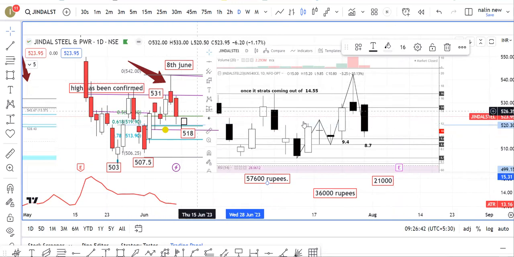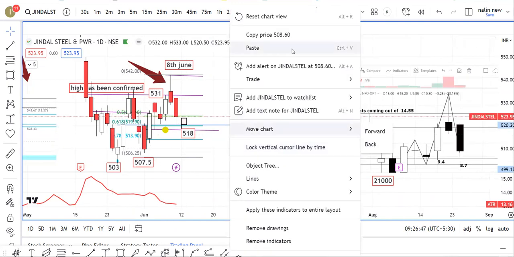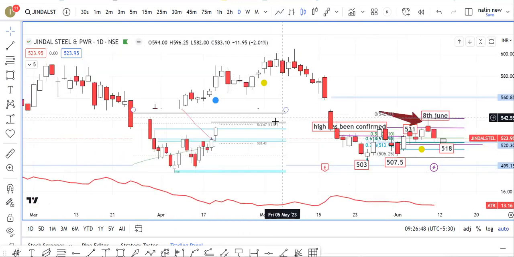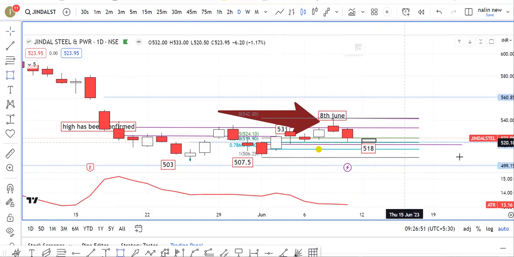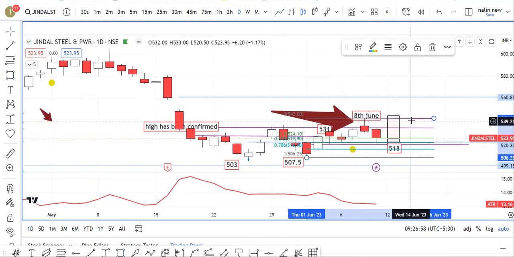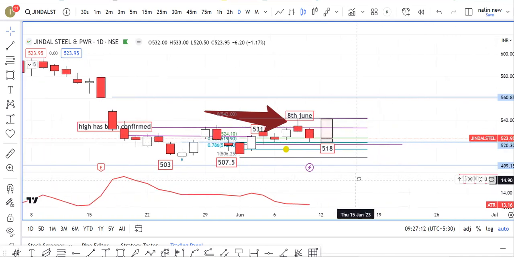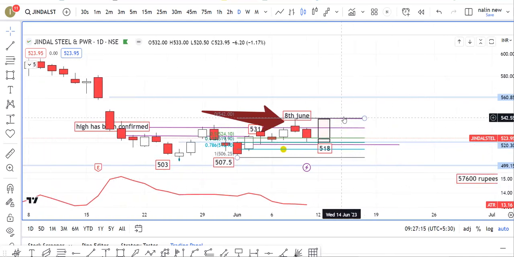And let me reset my chart. If the candle has a solid closing above 535 or 531, above 531 or 532, if it is a strong closing candle, he need not worry.